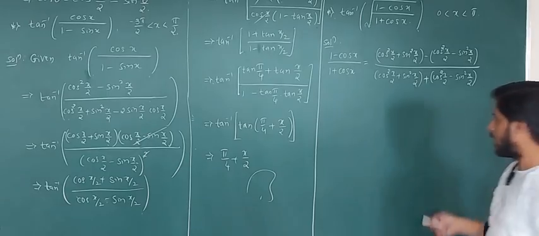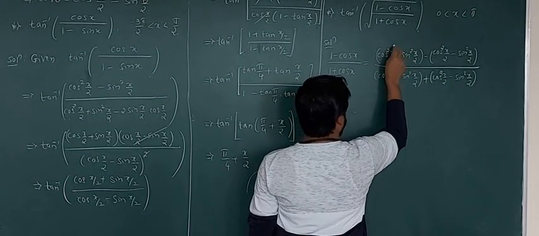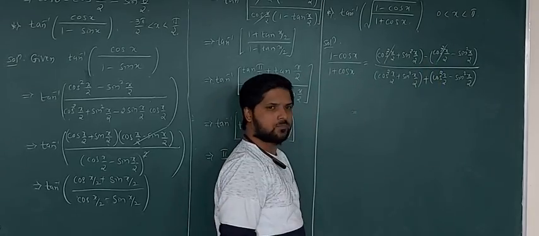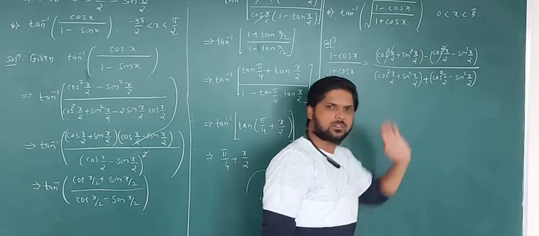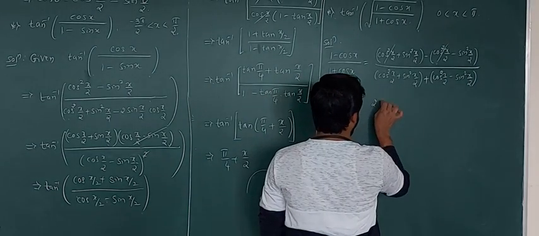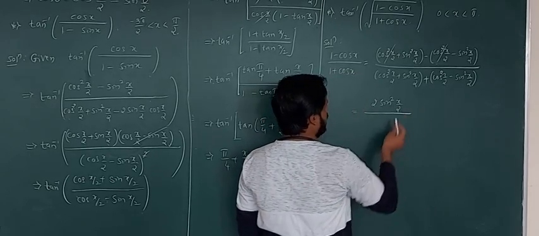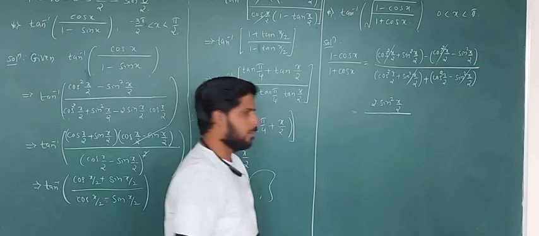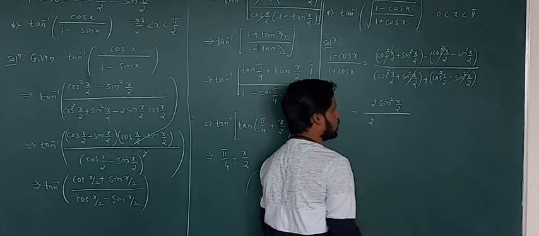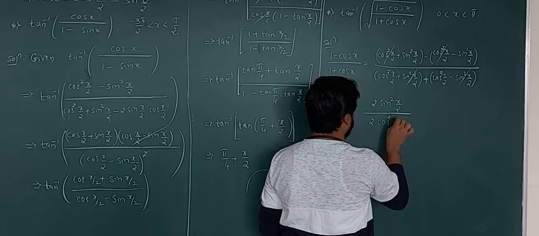After removing the bracket, cos square x by 2 and minus cos square x by 2 cancel. Here minus into minus gives plus sin square x by 2 plus sin square x by 2, we get 2 sin square x by 2, divided by, here plus sin square x by 2 minus sin square x by 2 get cancelled. We remain with only cos square x by 2 plus cos square x by 2, that is 2 cos square x by 2.